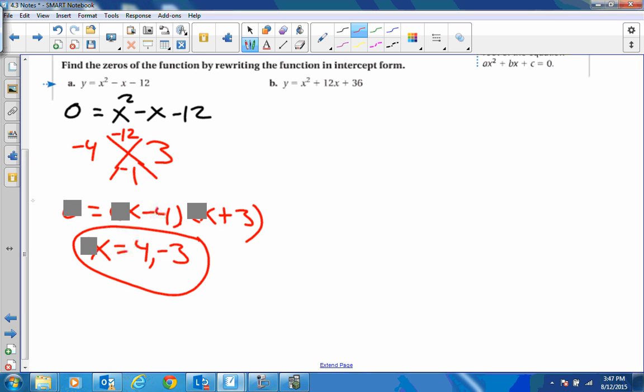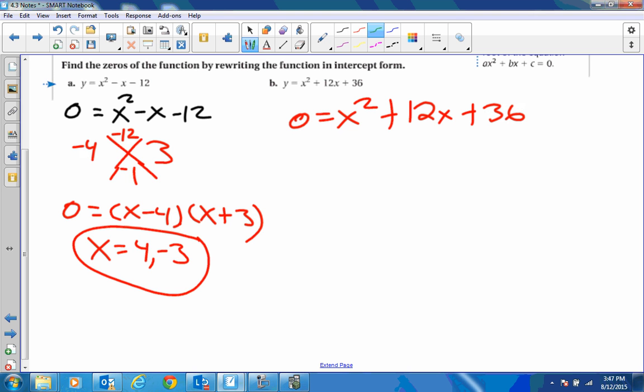Let's go to the next one. We want to find the zeros of y equals x squared plus 12x plus 36. Again, zeros just mean the roots or x-intercepts. They're all pretty synonymous. So if they give you y equals and say find the zeros, you plug in 0 for y and solve it. So, we've got to find factors of 36 that add up to 12. Again, this one actually is a perfect square trinomial.